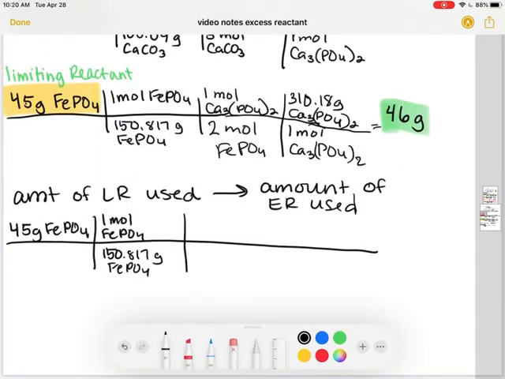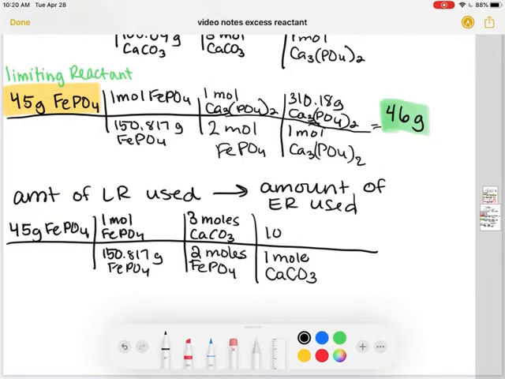So for every 2 moles of FePO4, we use 3 moles of calcium carbonate. And for every 1 mole of calcium carbonate, it is 100.09 grams of calcium carbonate. So this again is going to tell us how much calcium carbonate is required to react with 45 grams of iron 3 phosphate.